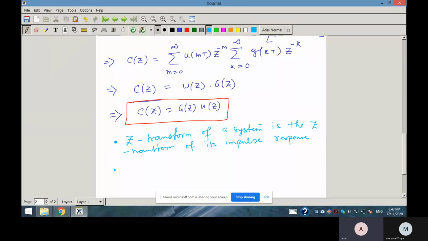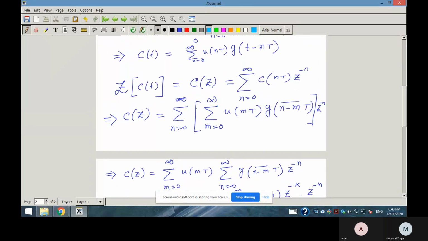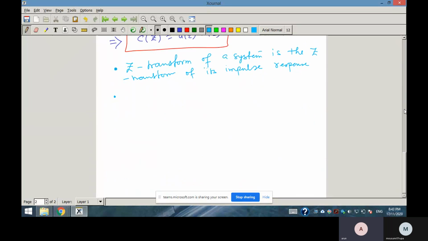Okay. Another thing is that convolution in time domain. So here, discrete time domain. Convolution we have taken here, no? So convolution in discrete time domain is equivalent to algebraic product in Z domain.